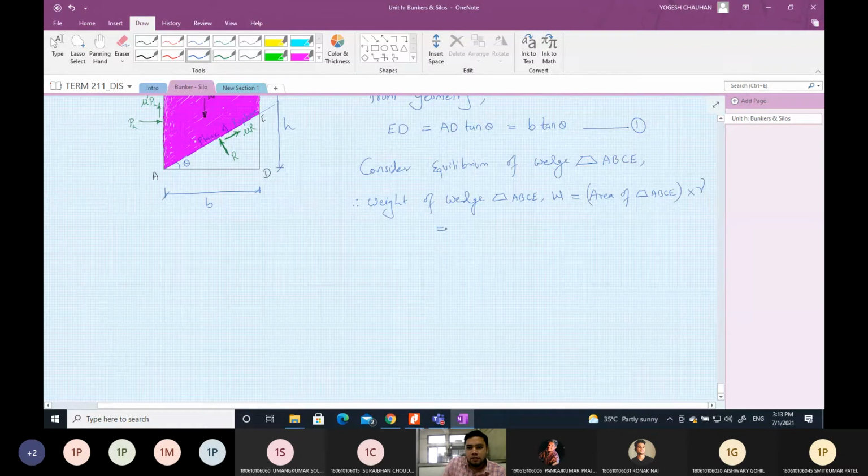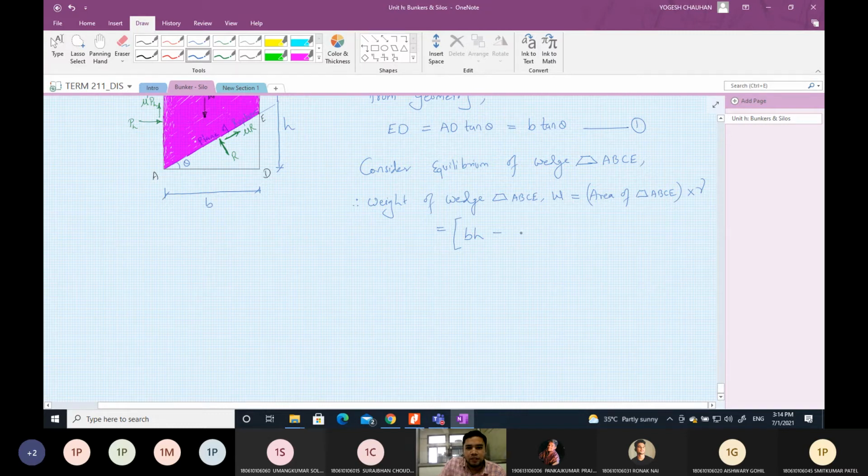So now what is the area of this? It is the area of the whole rectangle minus the area of this triangle. That will give you the area of this wedge portion. So the area of this rectangle will be B into H, minus the area of this triangle, so 1/2 base into ED.